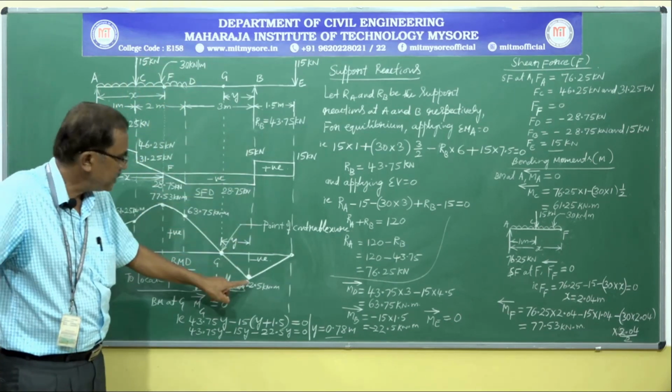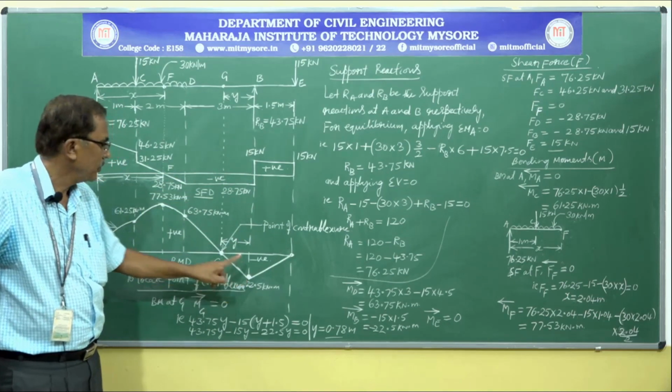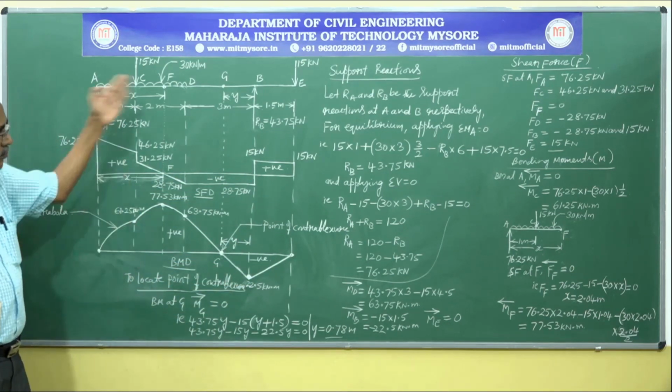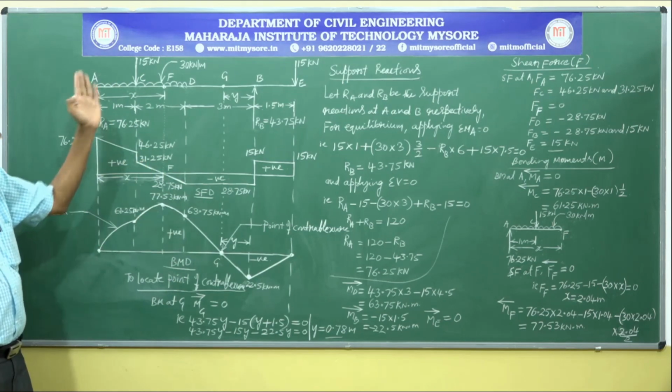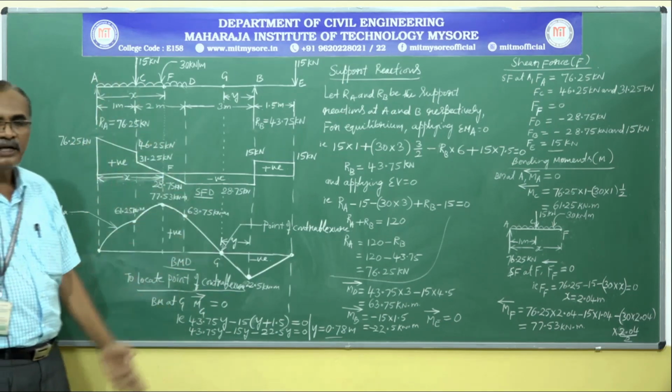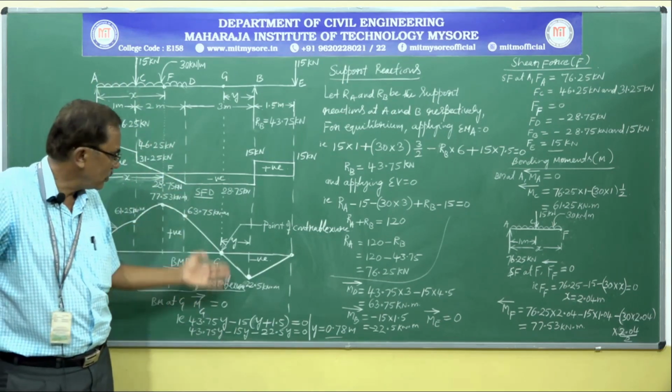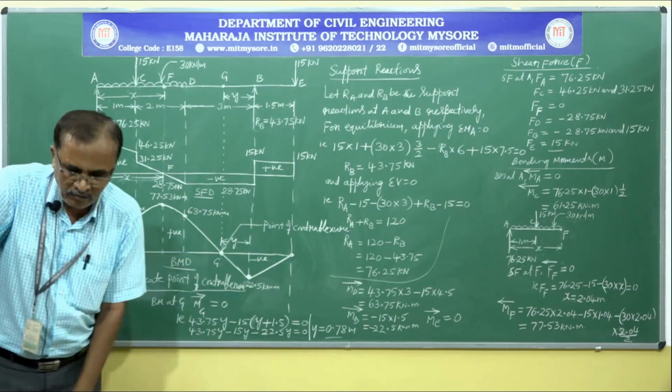And at point B it is a negative value. So for the same problem, they can ask to locate the point of maximum bending moment and also to locate the point of contraflexure.